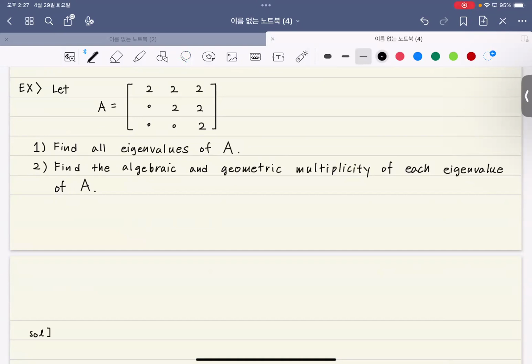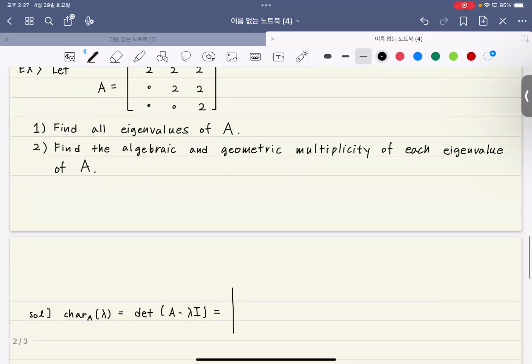The first thing I want to do is find the characteristic polynomial of the matrix A, which is the determinant of A minus lambda I. This is a triangular matrix with 2 minus lambda on the diagonal, so its determinant is easy to compute: it is just 2 minus lambda to the third.